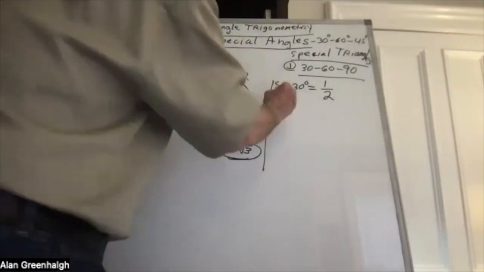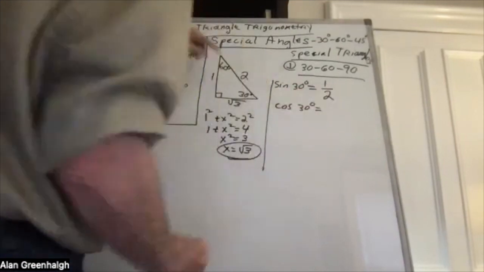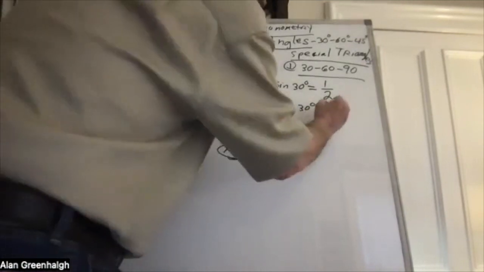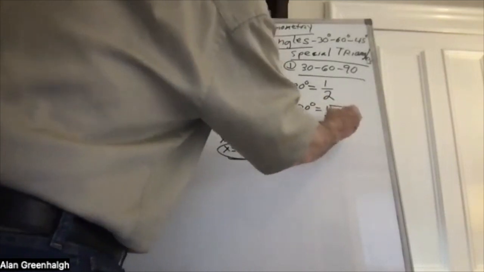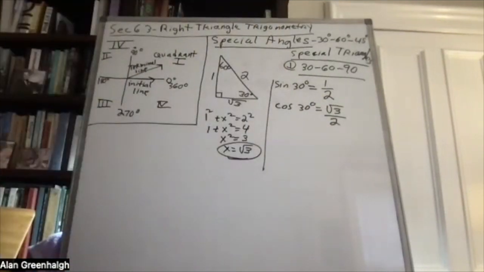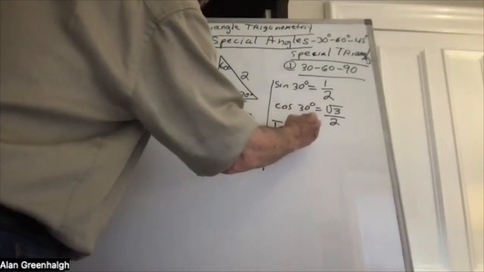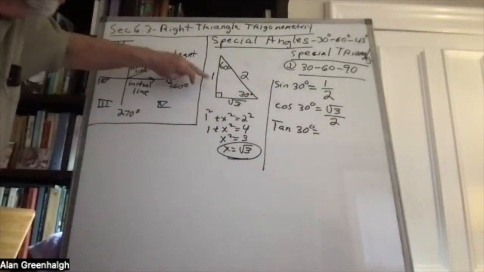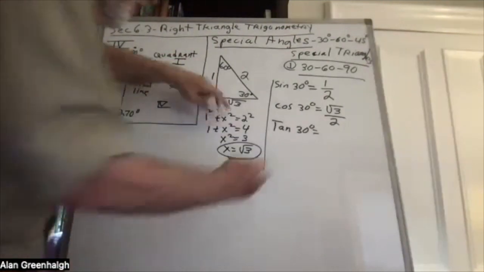The cosine of 30 degrees is equal to the side adjacent over the hypotenuse. And the tangent of 30 degrees is equal to the side opposite divided by the side adjacent.